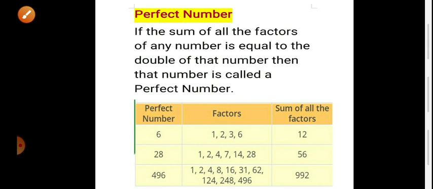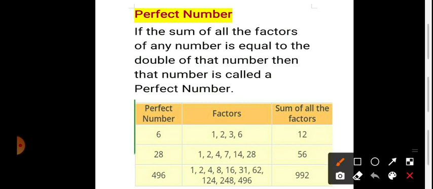Multiples are greater than or equal to the particular number and factors are less than or equal to the given number. Perfect number. If the sum of all the factors of any number is equal to double of that number, then the number is called a perfect number. Let's understand it from an example. Now consider 6. Now 1, 2, 3, 6 are the factors of 6.